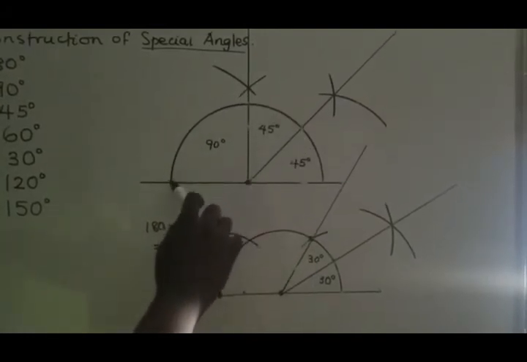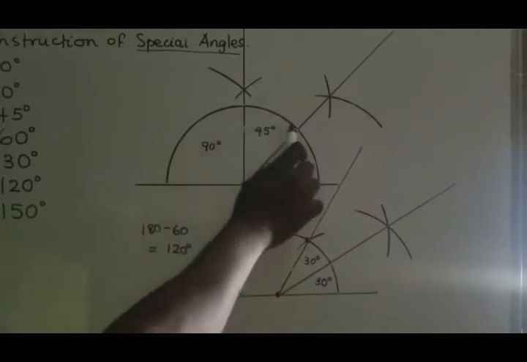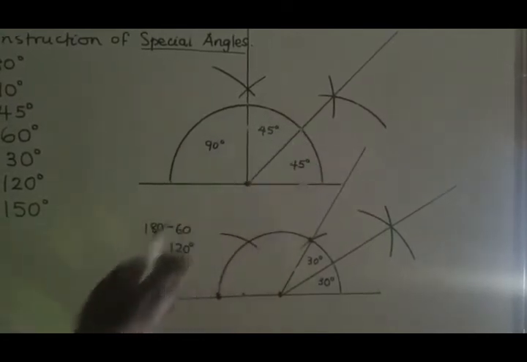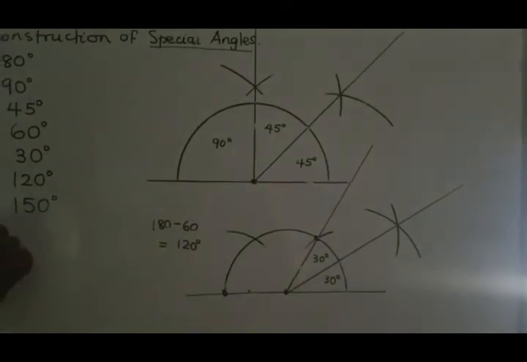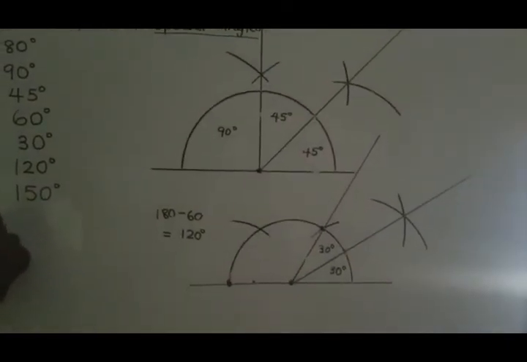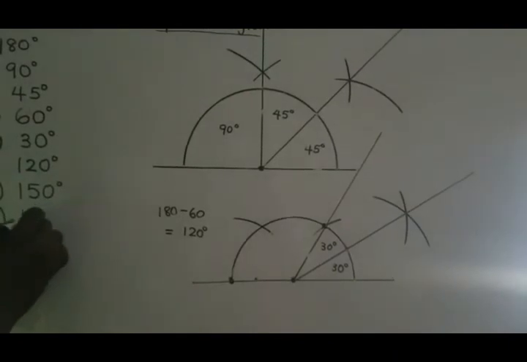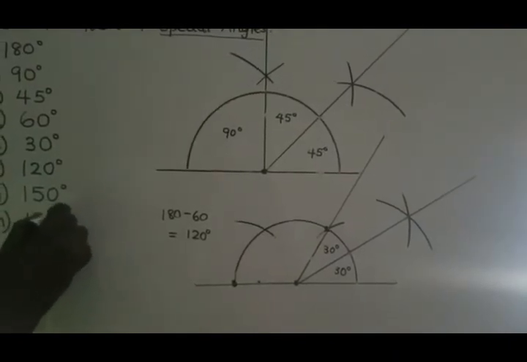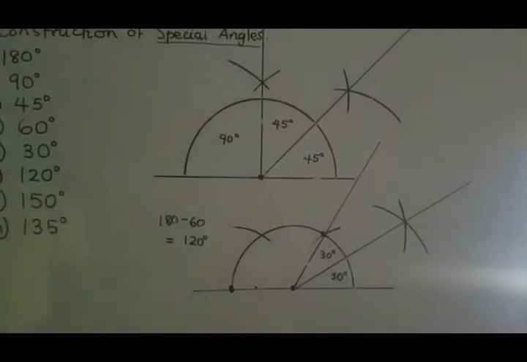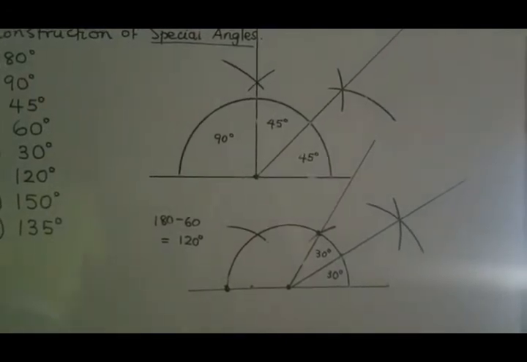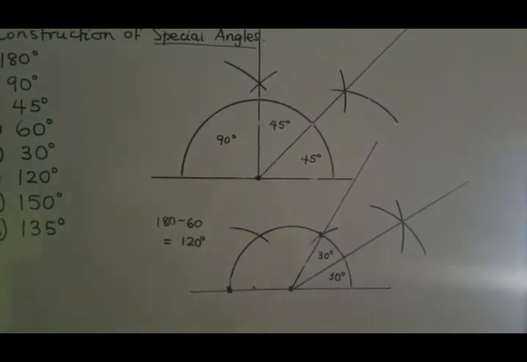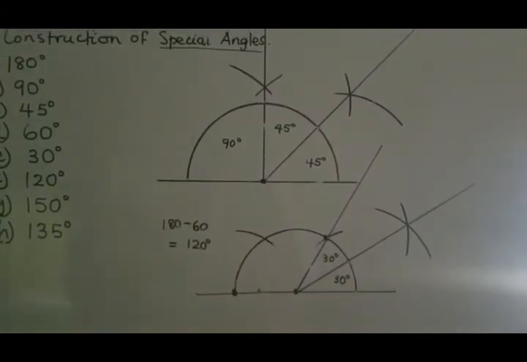So we can also construct an angle of 135 degrees without a protractor. So another special angle is 135 degrees.